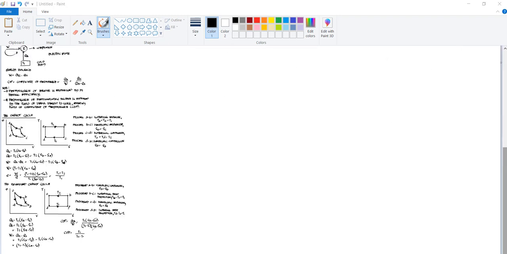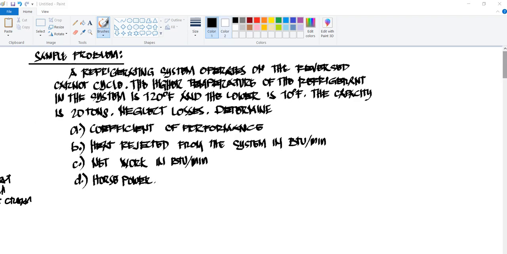So now we have the overview of the reverse Carnot cycle and also the Carnot cycle. Let's proceed to a sample problem. A refrigerating system operates on the reverse Carnot cycle. The higher temperature of the refrigerant in the system is 120 degrees Fahrenheit and the lower is 10 degrees Fahrenheit. The capacity is 20 tons.